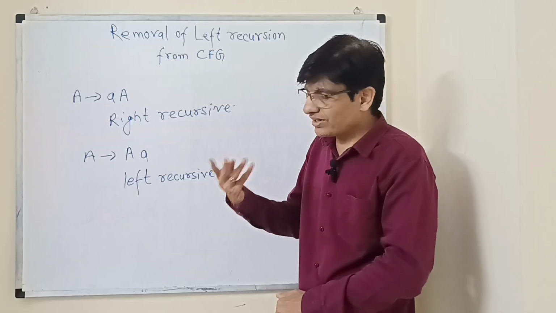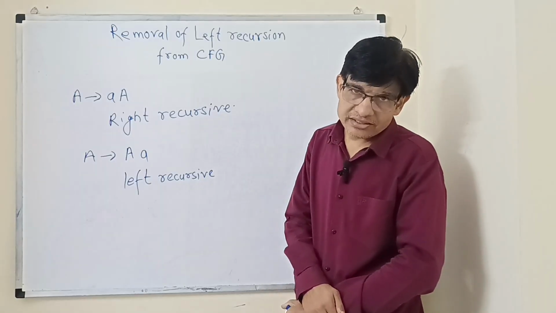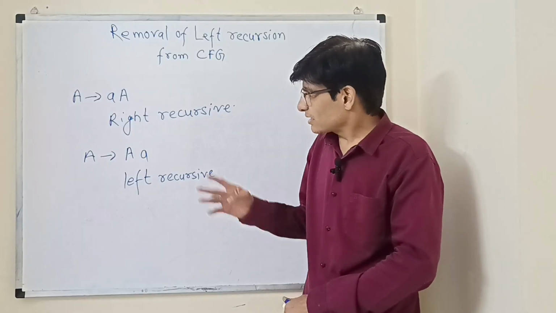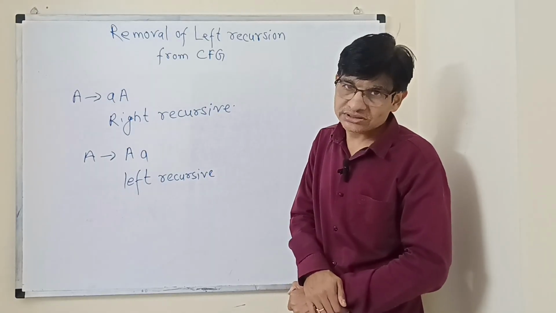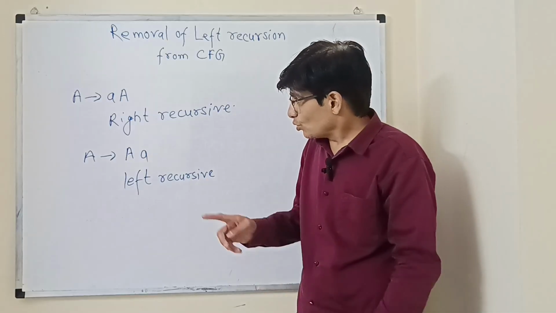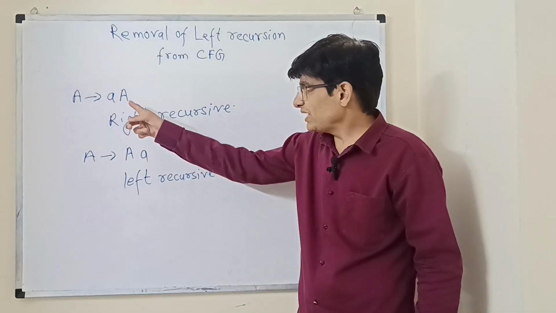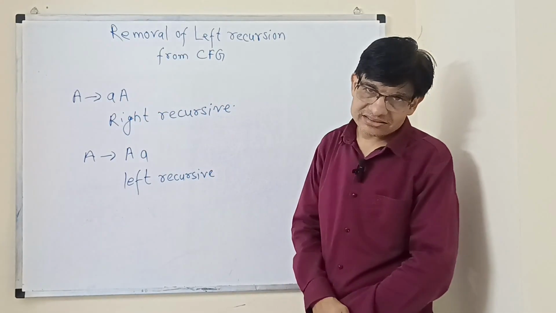Now each and every language is having its compiler. In the compiling process, sometimes this left recursion is not supported. So what we do, we convert it to right recursion.